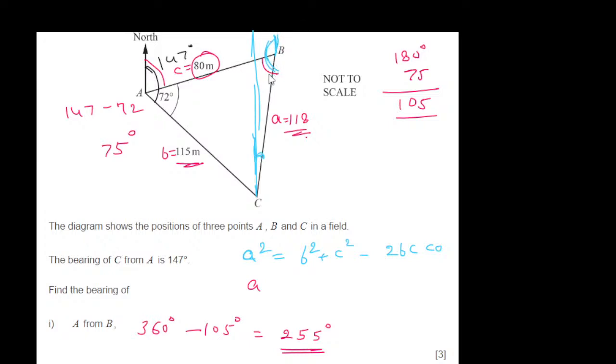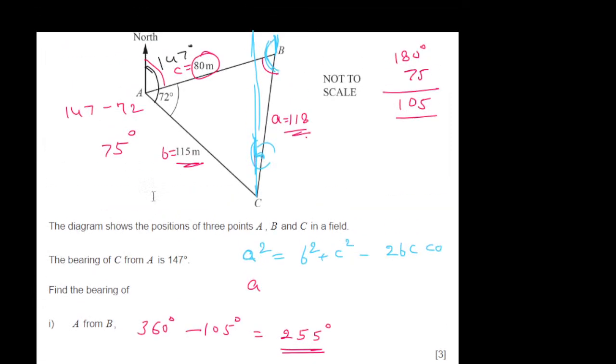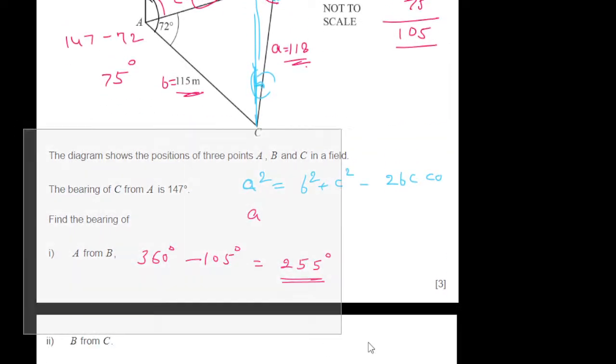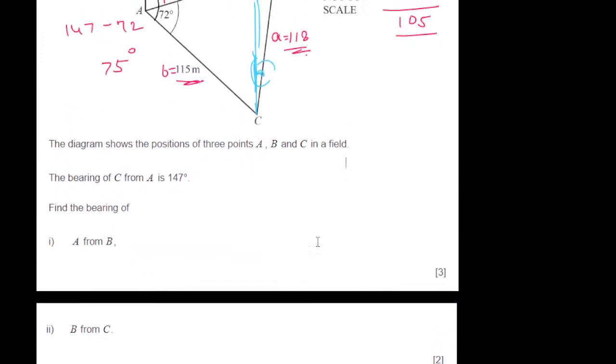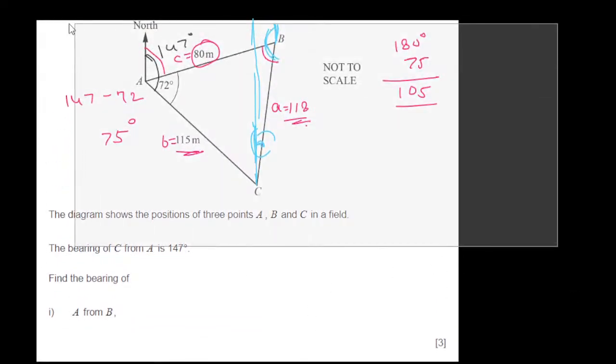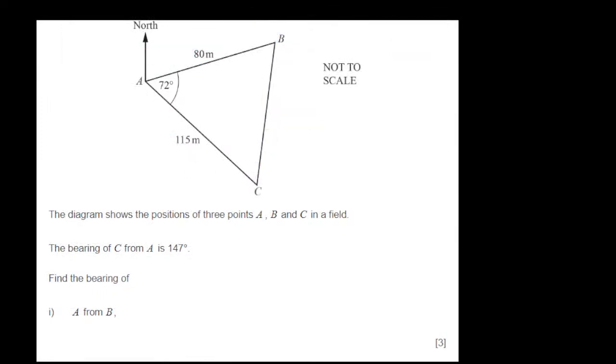So that way I can work out. I will find out this whole angle, and I will subtract that from 180 and I will get this particular angle. So this is making it quite difficult. It should not be that difficult. So maybe we try it another time and see how we can do this particular problem.